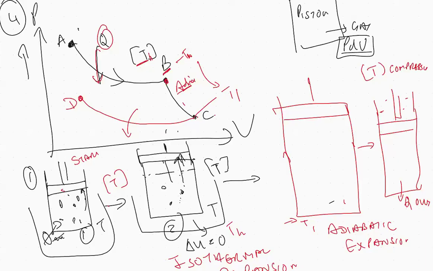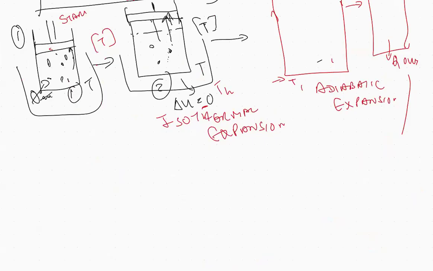Then isothermal, what happened? Delta U is 0, and work is done on the system by the surroundings, and Q is going out. So for that isothermal one, delta U is 0. Q is going out. Heat is given out. This becomes plus.